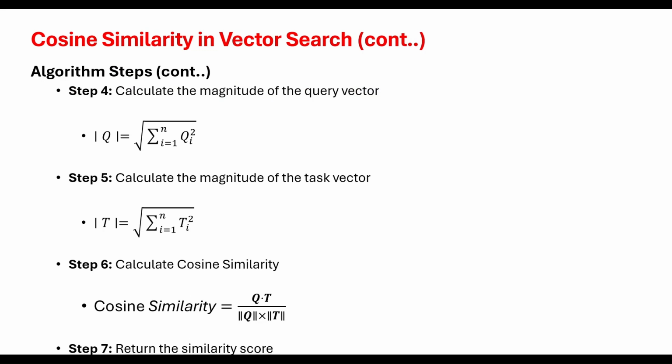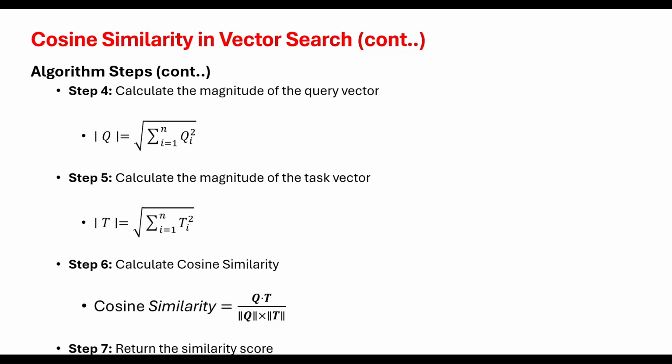After calculating the dot product, we calculate the magnitude of both vectors. First, we calculate the magnitude of the query vector, then the magnitude of the task vector. These magnitudes represent the length of each vector in multi-dimensional space. Once we have the dot product and vector magnitudes, we calculate the cosine similarity score. The similarity score is obtained by dividing the dot product by the product of both vector magnitudes.